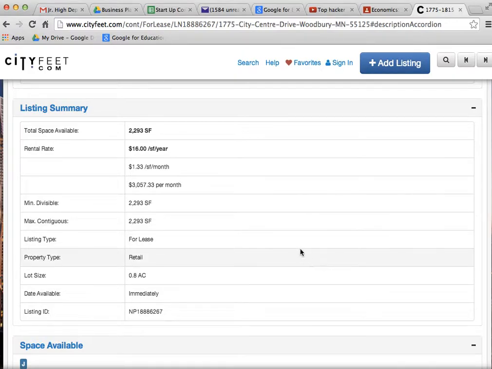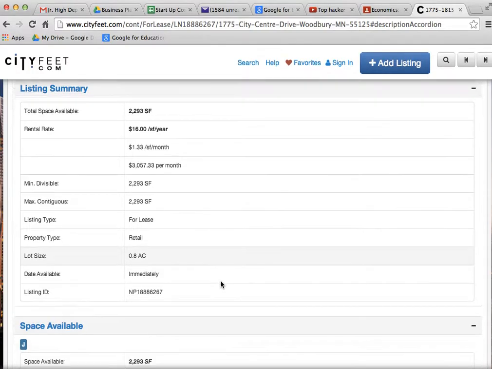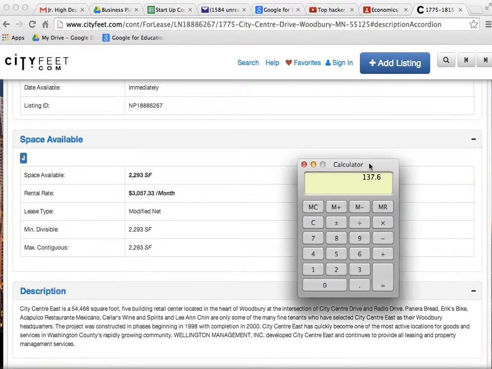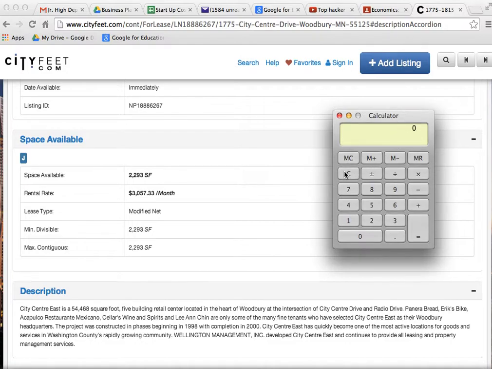Total amount for the total lease. In this amount here, it's telling you how much it's going to cost per month. So if you scroll down a little bit, here is the rental rate that we would have per month. Now, we need to figure out as well what it's going to cost us for the entire year.